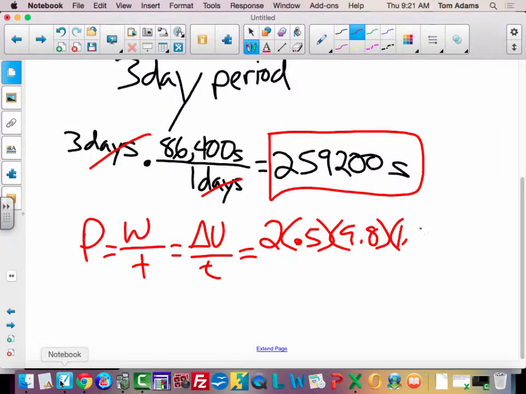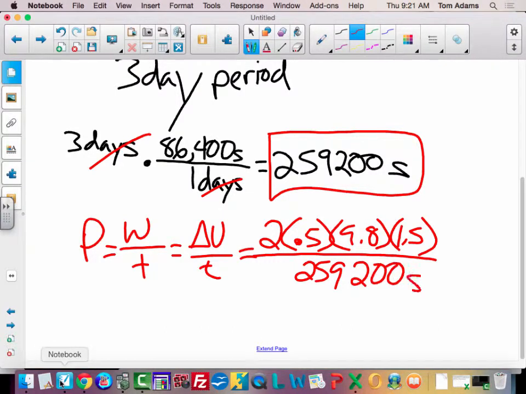That was 1.5 meters, all over 259,200 seconds. For the 0.5, wouldn't that be 1? Well, we're multiplying it by 2. Oh, okay. Yeah, this is how the textbook has it. You could just combine them together and call it 1 if you want to, right?